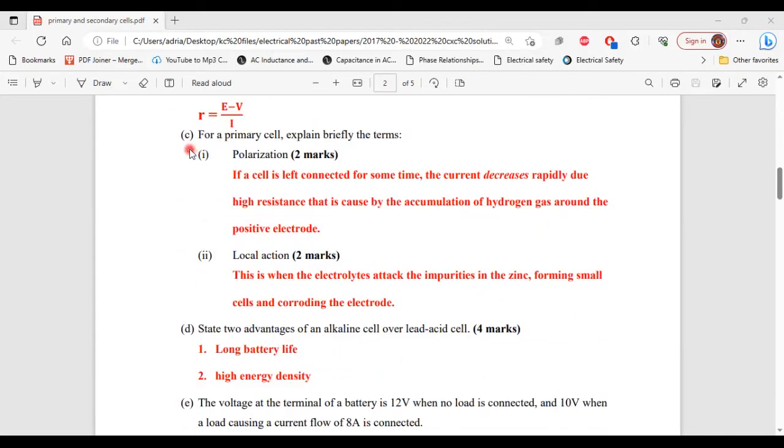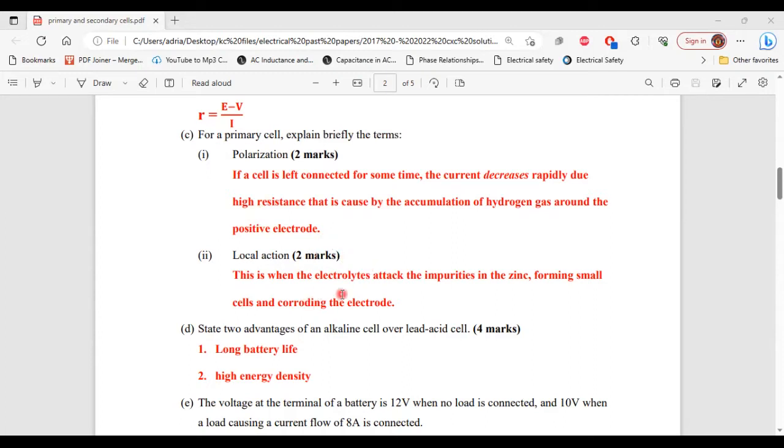All right, so for part C, it says, for a primary cell, explain briefly the terms polarization. That's for part 1 of C. Part 2 of C, local action. So for polarization, if a cell is left connected for some time, the current decreases rapidly due to high resistance that is caused by the accumulation of hydrogen gas around the positive electrode. 2, local action.